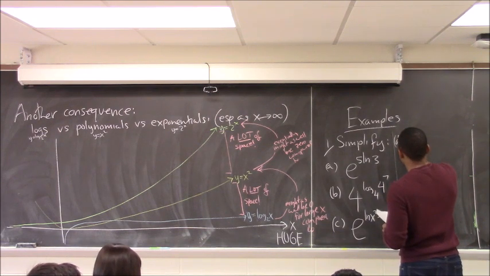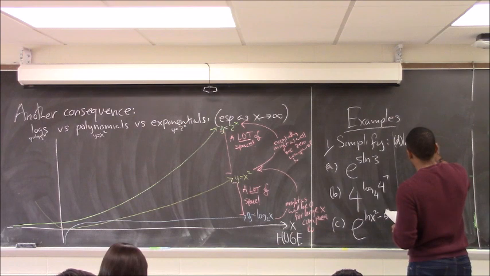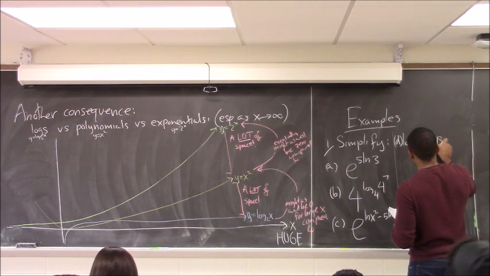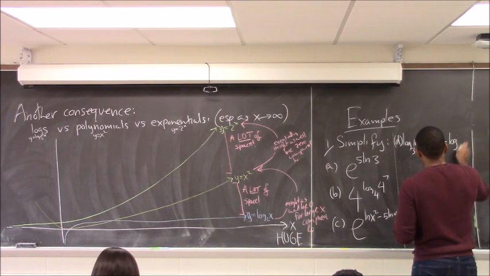e to the log to base 3 of 100 minus 3 18 log to base 3.